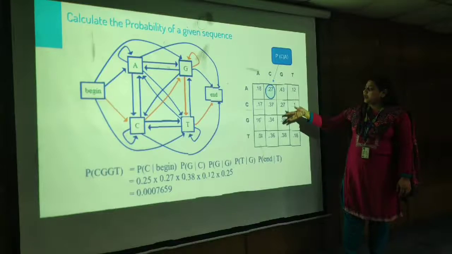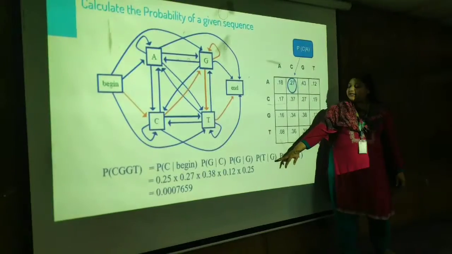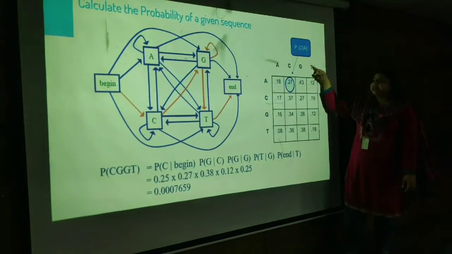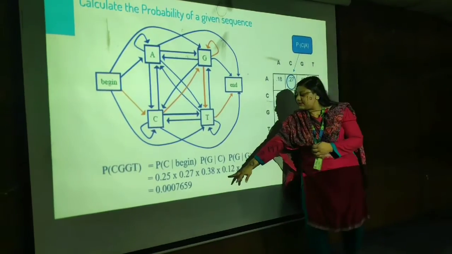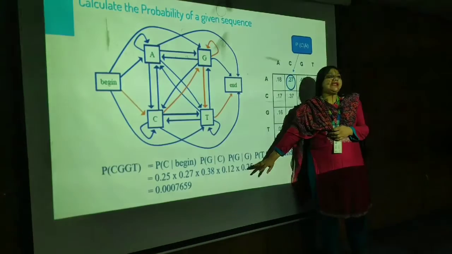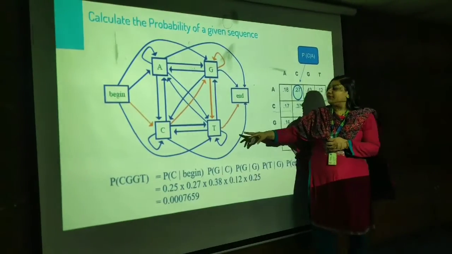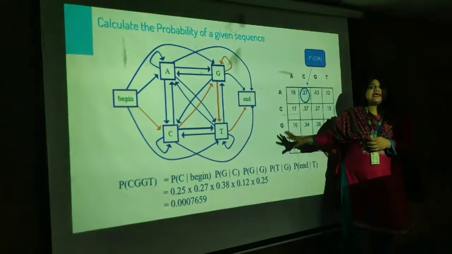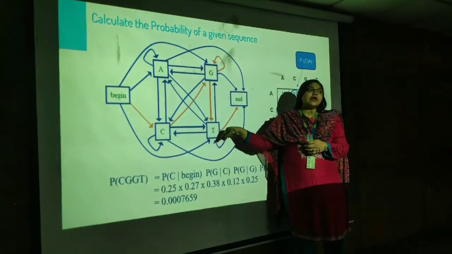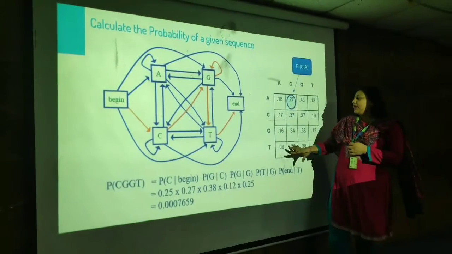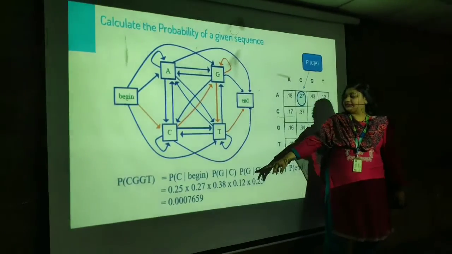Yes. Then T by G is 0.12. Clearly you see 0.12. Then the last state, the end state, is the same as the beginning state, so T to end will be the same as the previous value, 0.25, because there are 4 states or 4 vertices. If we calculate the whole total value, it will be 0.0007659.